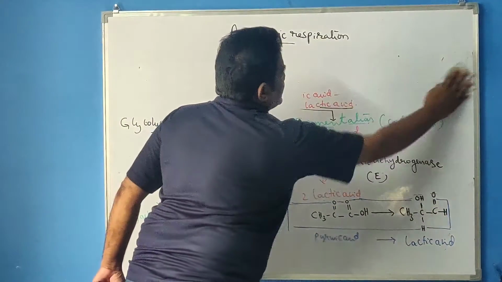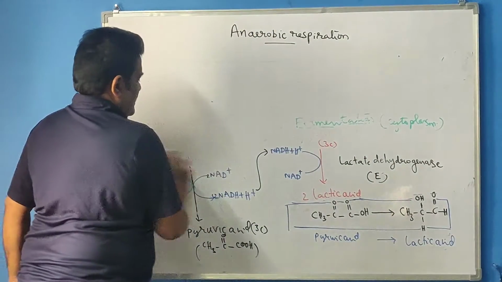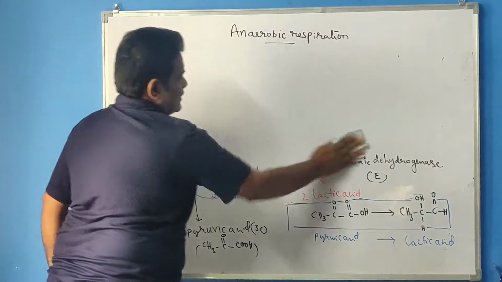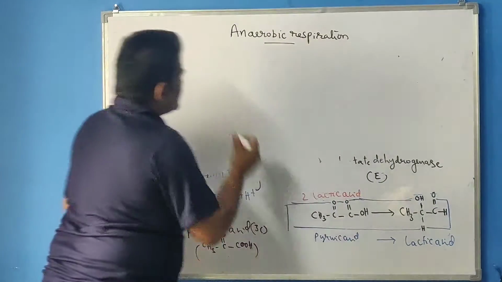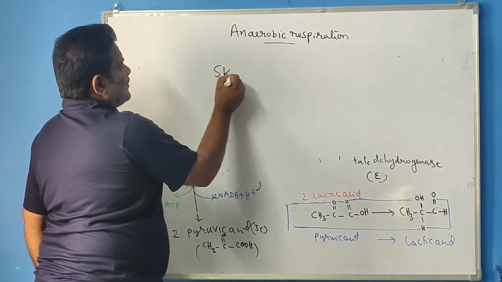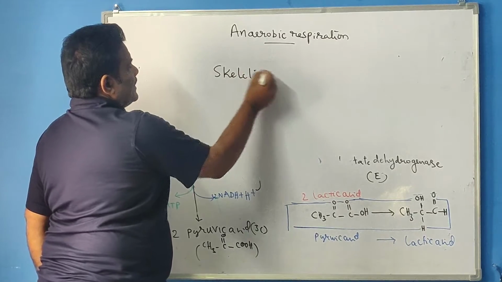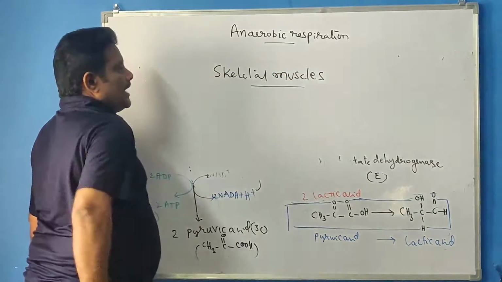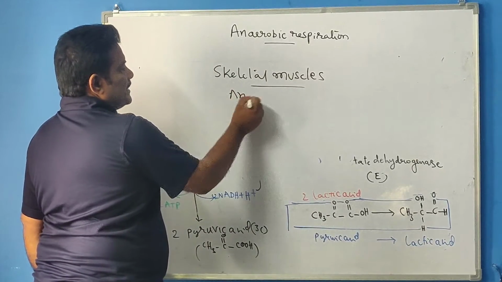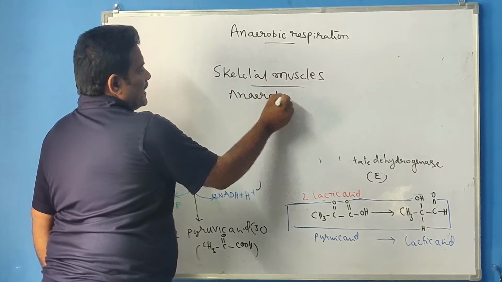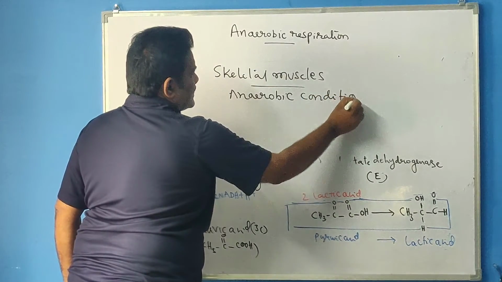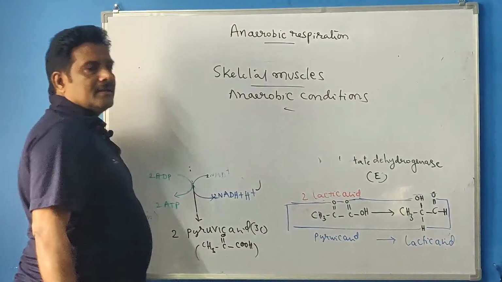In our skeletal muscles, sometimes anaerobic conditions can be created. Anaerobic conditions means oxygen is not available to muscles here.